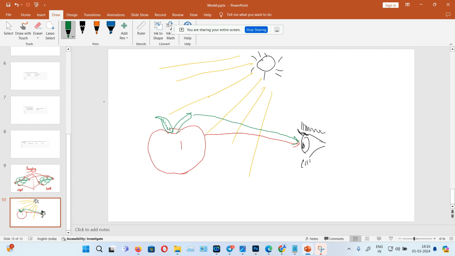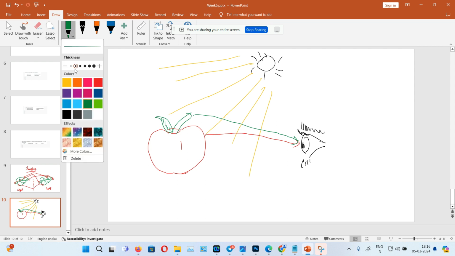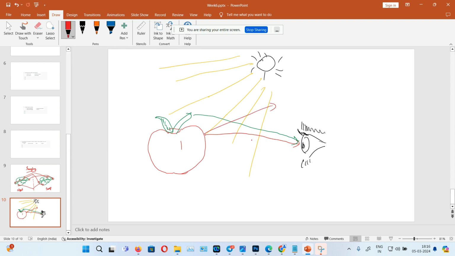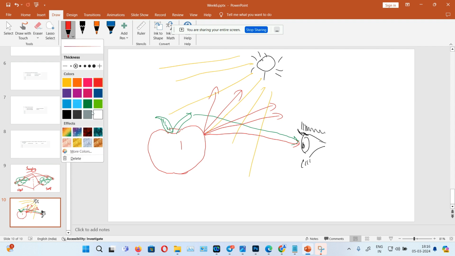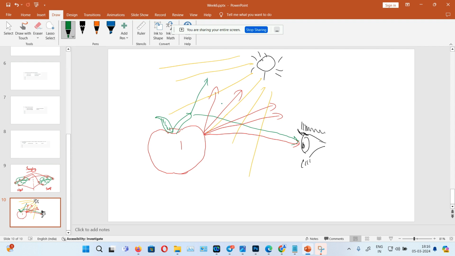So we can see that light from the sun will reach and hit an object and get reflected, and it can get reflected in any direction depending on the incoming rays. From this point, light will be reflected in different directions, this side, this side, this side.